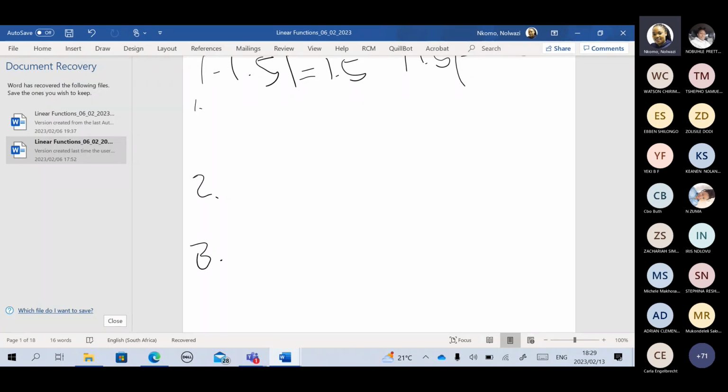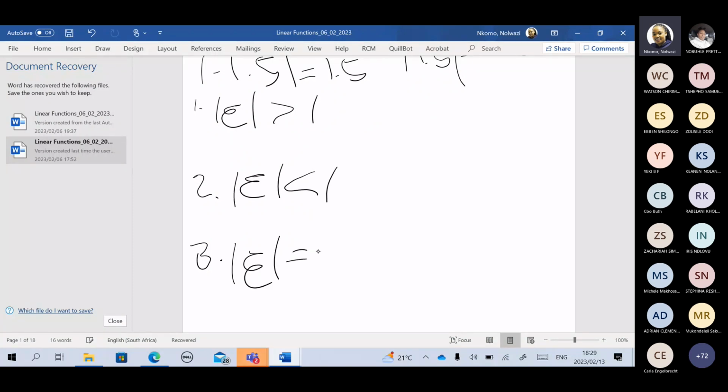We can have our absolute value of the coefficient be greater than 1, it can be less than 1, and it can equal 1, right?